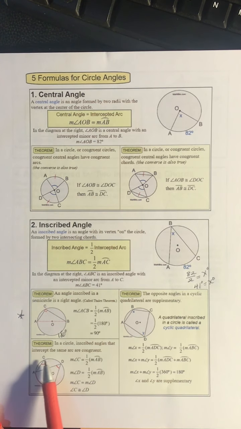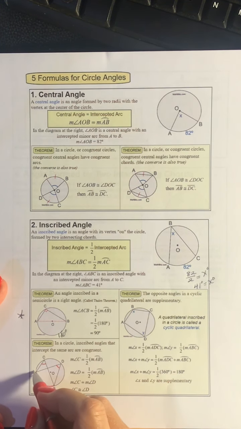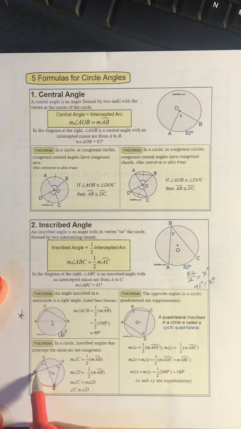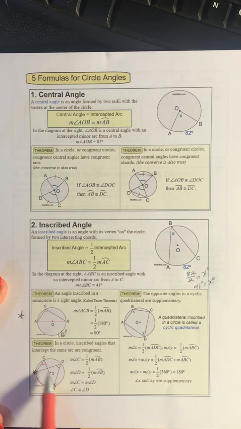And then we got a little bit more confusing because the angles and the legs of the angle started to overlap. But we said, hey, if this angle and this angle are congruent and they intercept the same arc, then angles that intercept the same arc are congruent.